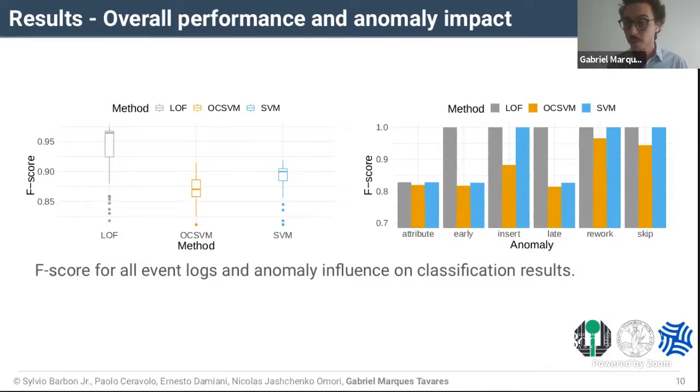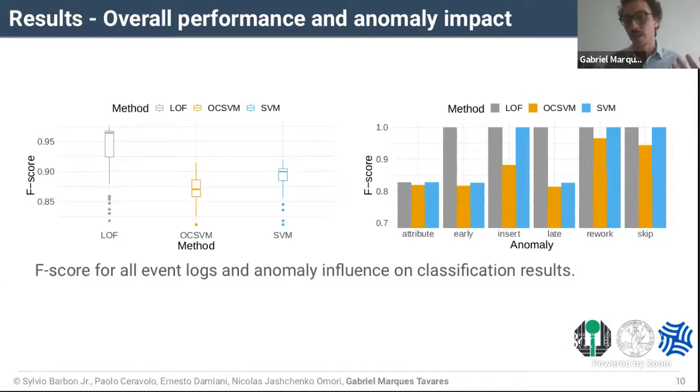The first group is the insert, rework, and skip anomalies, where both LOF and SVM obtain the highest performance in the F-score. These anomalies are easier to be detected and encoded by word2vec because they have a higher impact on the control flow perspective.